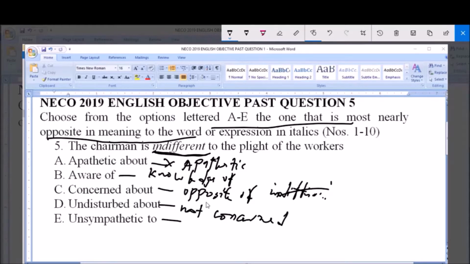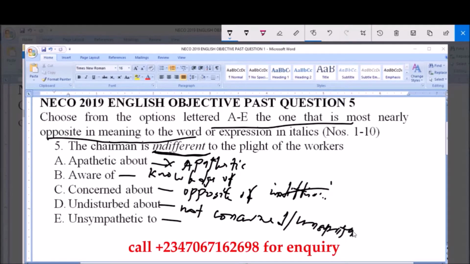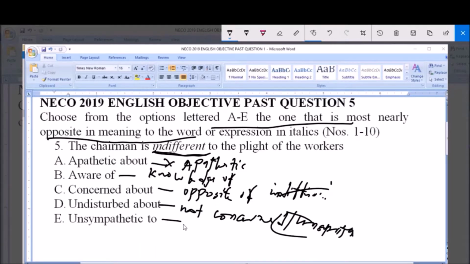When you are not concerned about something, or unsympathetic, unsympathetic means undisturbed, or lack of concern, and so on.